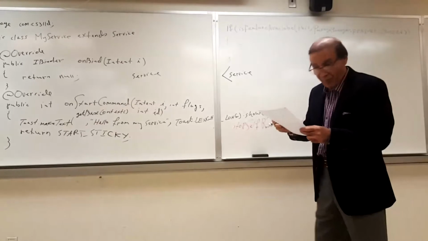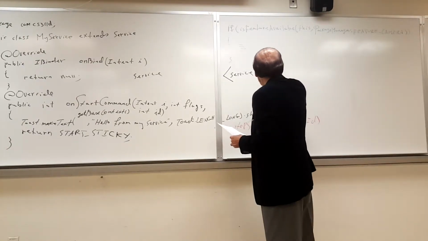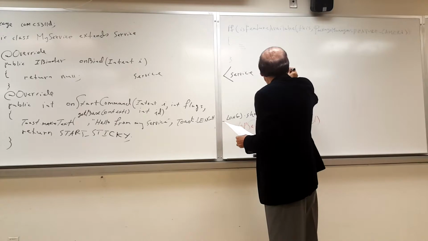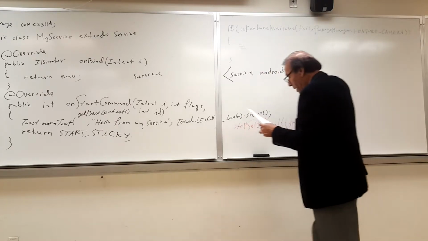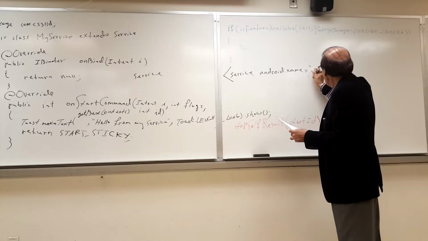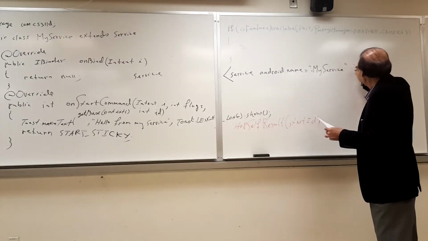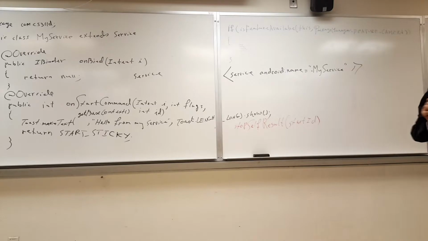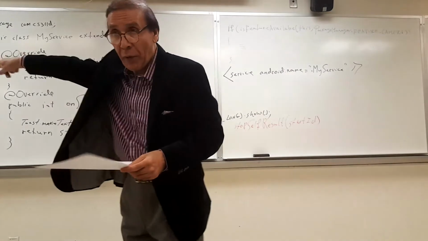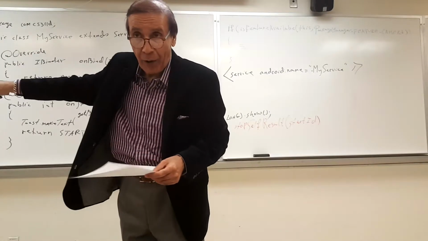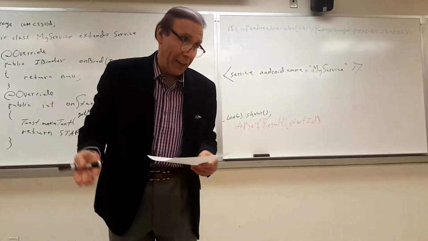Service, android:name equals .MyService. Add this line to your manifest, otherwise your service is not going to work. Now I'm going to delete over there and write the client part to see how we are calling a service.